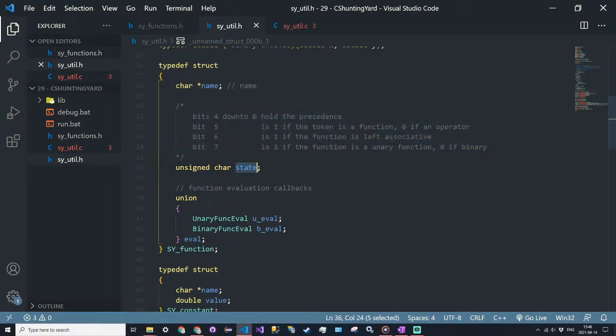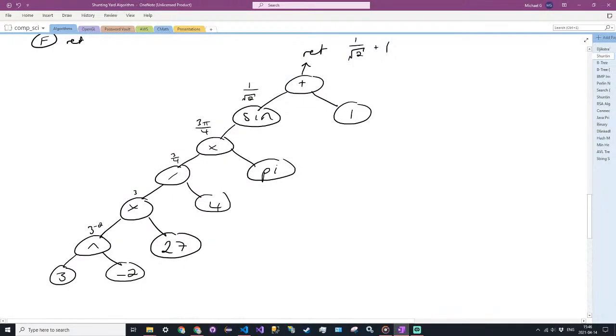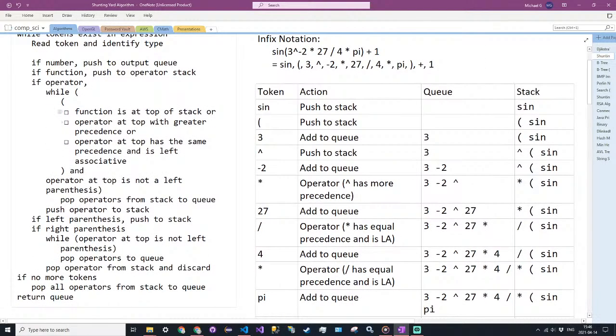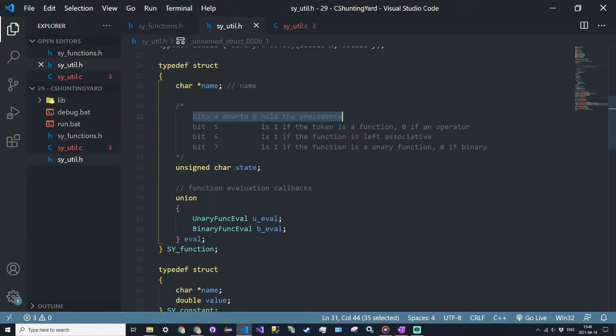But yeah, so this state will have 5 bits to store the precedence, which as we know is going to be super important with these conditions here. And then we have the 5th bit, which represents if it's a function or an operator. And we know this is already a function. We just want to specify if it's an operator or not, because this is just the function structure. Then bit 6 will be if the function is left associative. Like I said, that's going to be for the conditions as well.